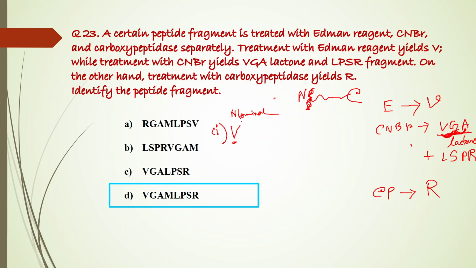From the Edman reagent treatment, you already knew V was at the terminal. Now after CNBr, you are getting VGA. This matches with all the other treatments as well.